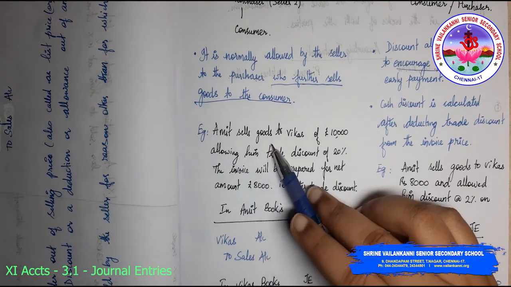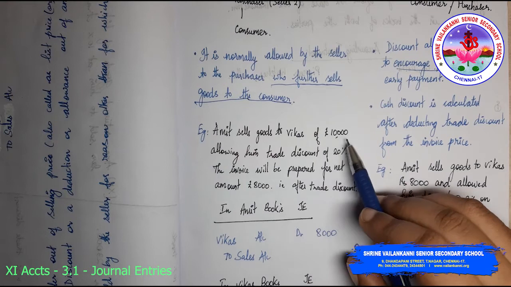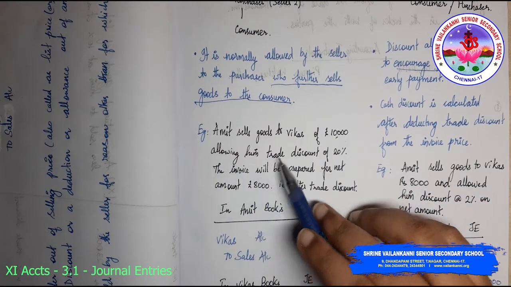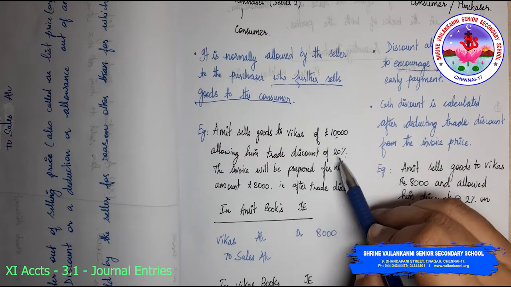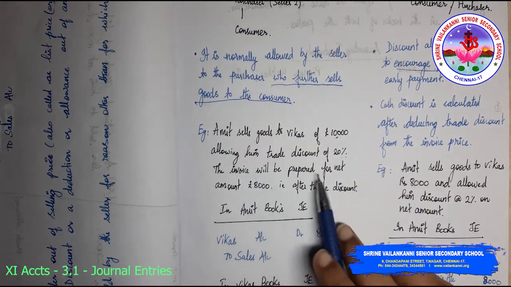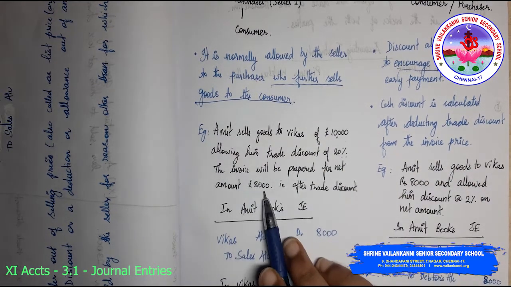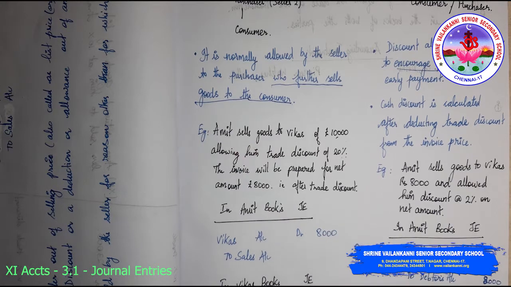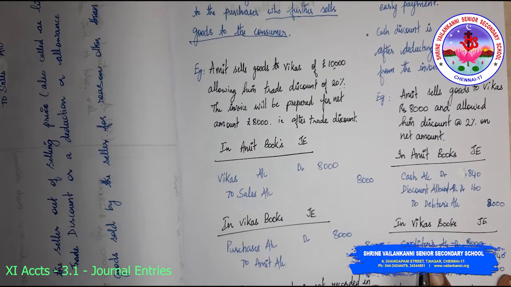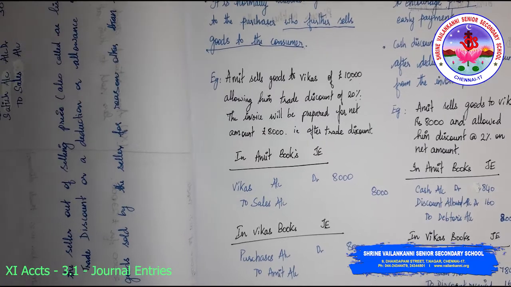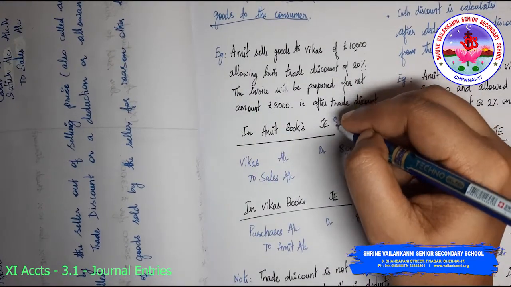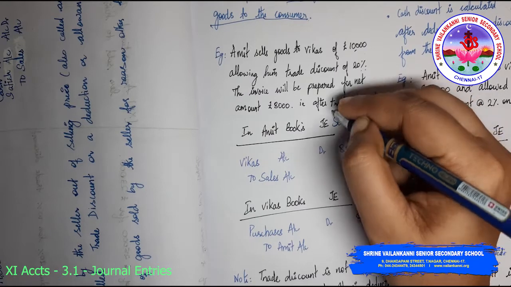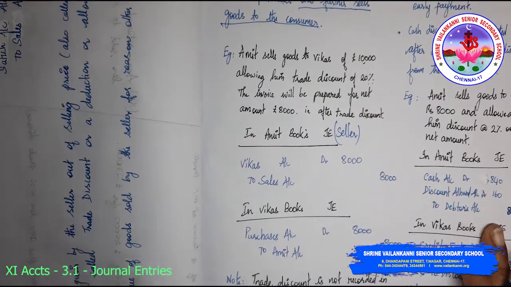Now look at the journal entry here. In Amit's books, what is the transaction? Amit is the seller. Okay, it is in the books of seller. So what is the journal entry here?